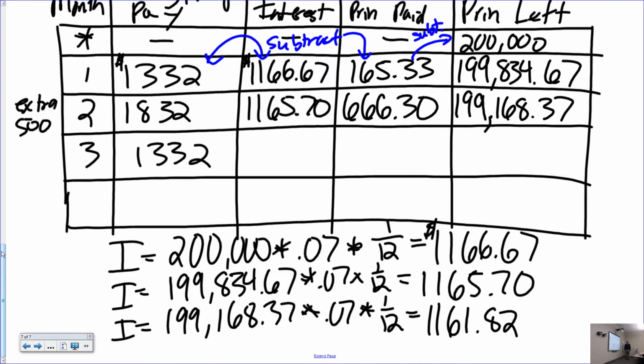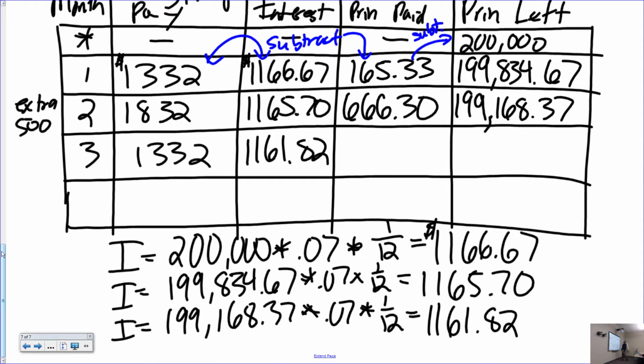Sure made a huge difference, didn't it? Right? I mean, if you've looked at mortgages before, a $4 difference really is huge, and so you're like, wow. And when you go wow over $4, that means you bought a house. Yeah, because $4 sure seems like a big deal.